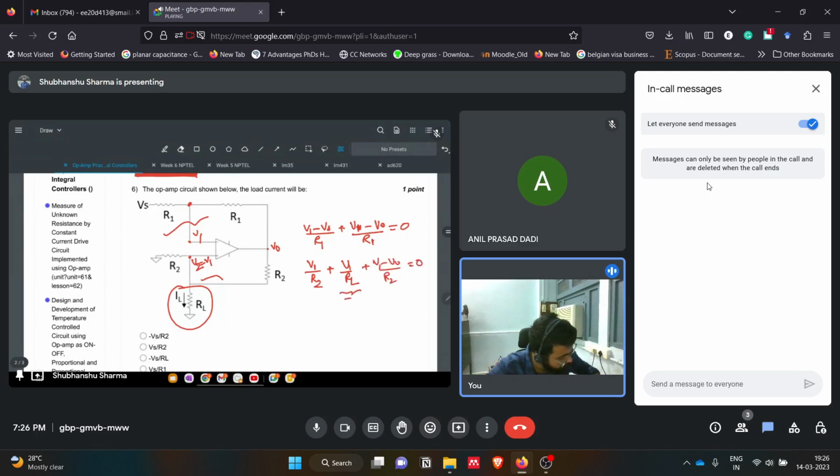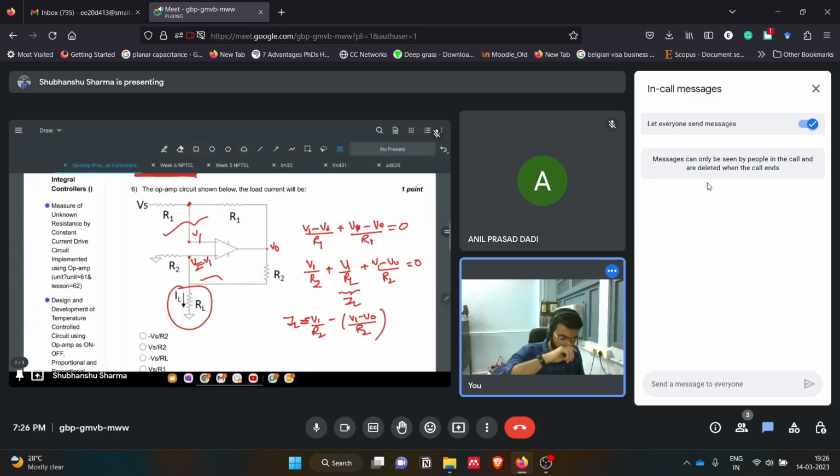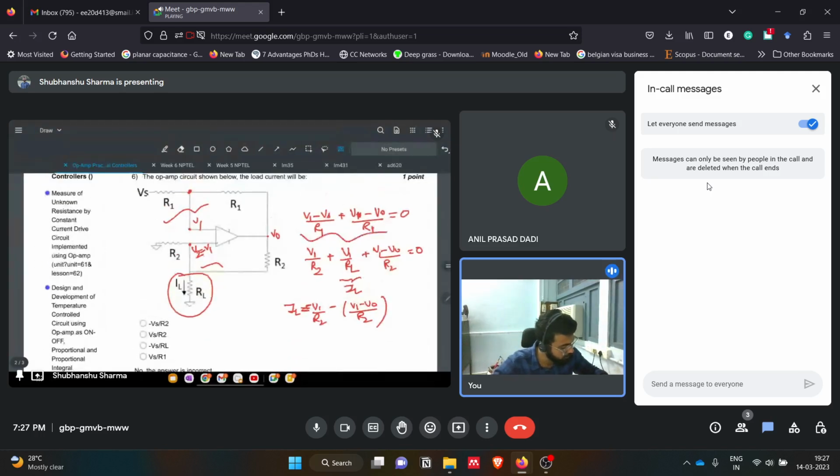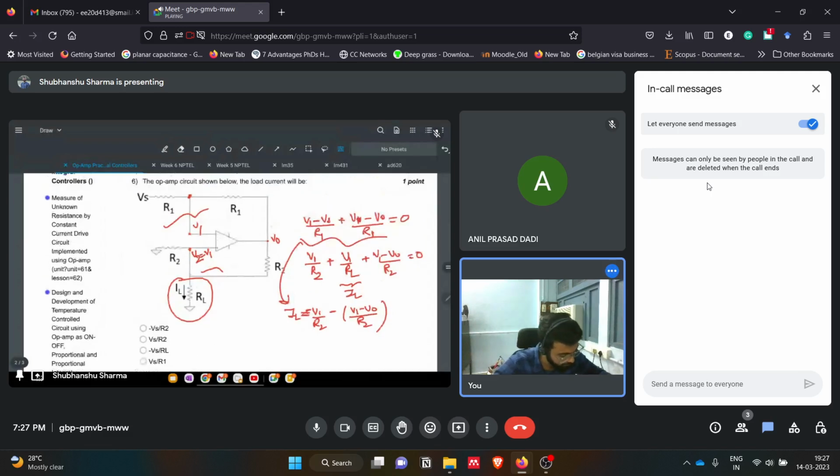So this is IL. IL equals minus V1 by R2 minus (V1 minus V0) by R2. Based on this, if you substitute V1 from this equation into this, you can get the answer for this question. So this is also easy.